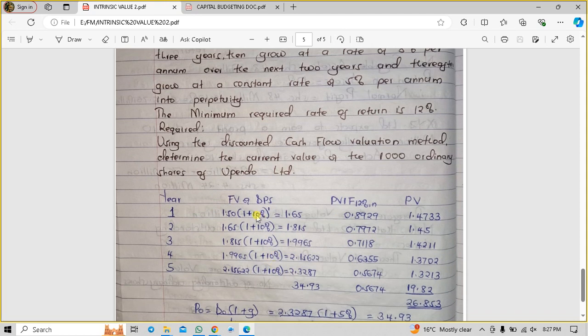So the first 3 years you're going to use the rate of 10%. We say 1.50 times 1 plus 10% gives 1.65.